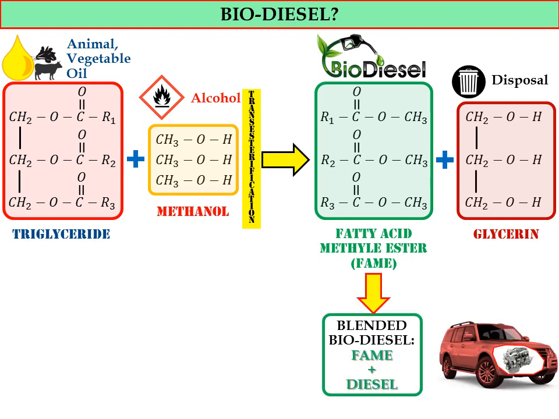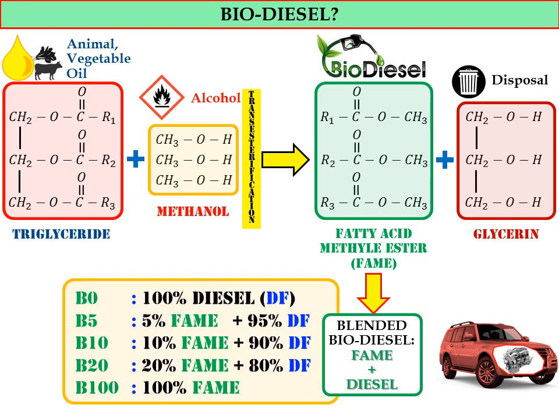In order to use biodiesel fuel in a typical diesel engine, normally we use blended biodiesel, where we mix biodiesel or fatty acid methyl ester FAME with typical diesel fuel.